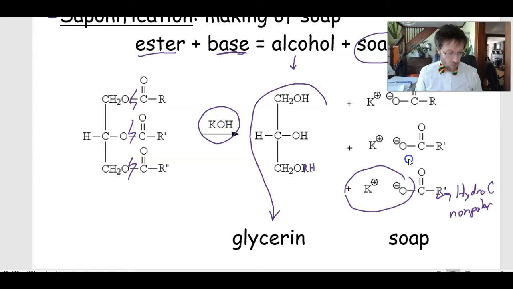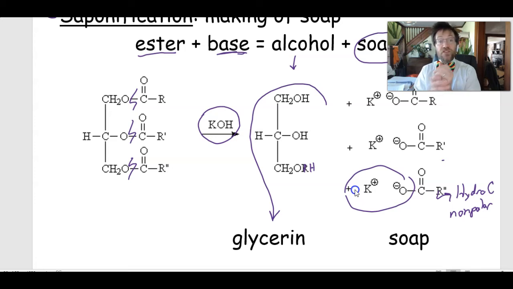What you're doing is you're working this part, this non-polar hydrocarbon, which is going to wiggle into all the little dirt and crevices, like little nooks and crannies of every part of your hand, and it's going to basically attach to all of the non-polar grease and grime, right? And then this side here is going to attach to the water.